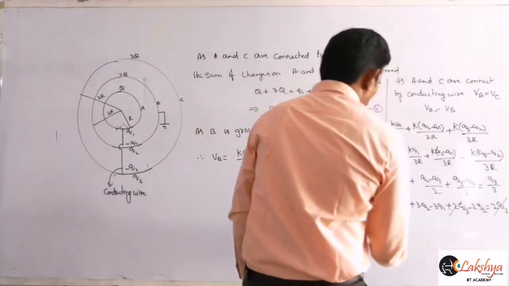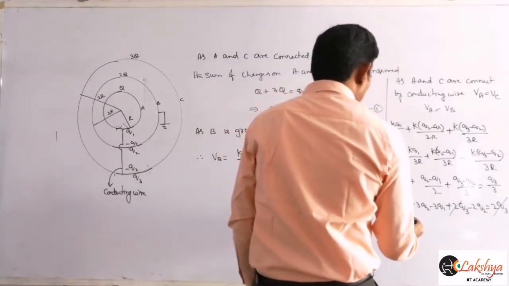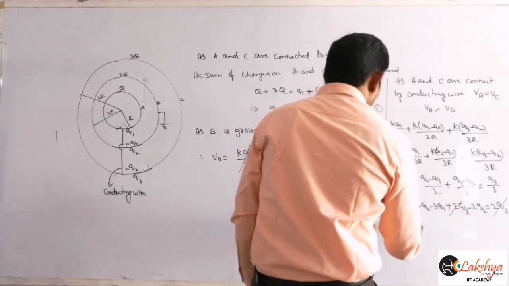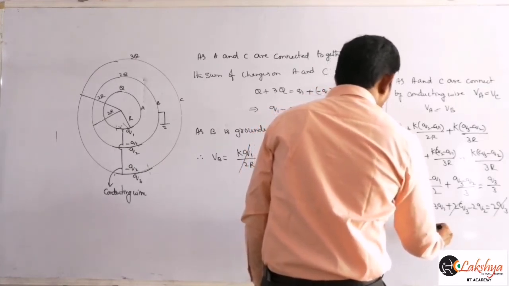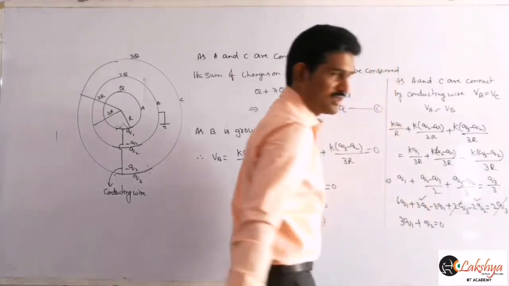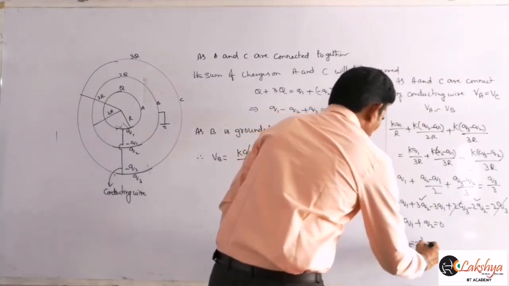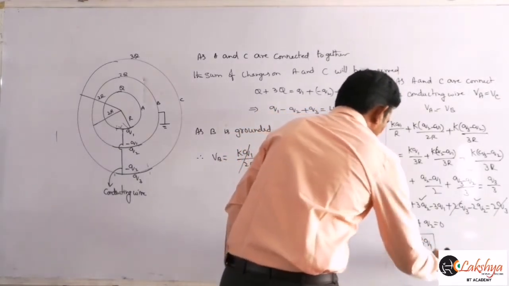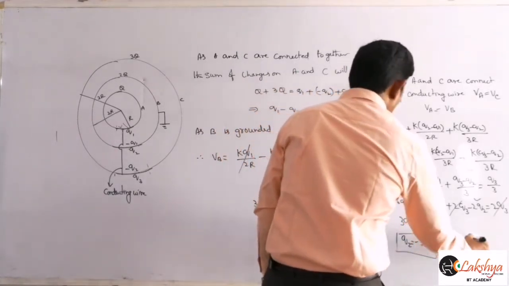And so now the remaining terms: Q1 terms are 3Q1 plus Q2 is equal to 0. That means Q2 terms are these two terms. And so therefore Q2 is equal to minus 3Q1. That is the Q2 relation, and let it be equation 3.